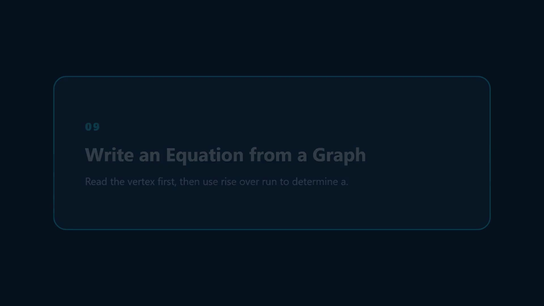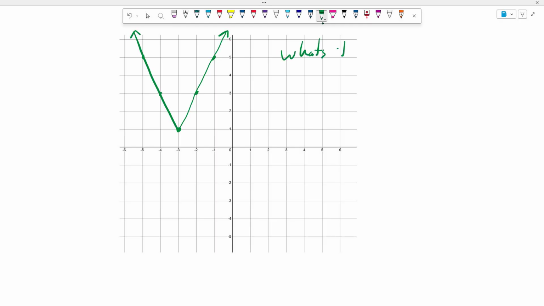Now, what's the equation? Okay, so what's the coefficient in front of the absolute value going to do? It's going to be 2. How can we tell? Because it's rise 2, run 1. Okay, is it positive 2 or negative 2? Positive.